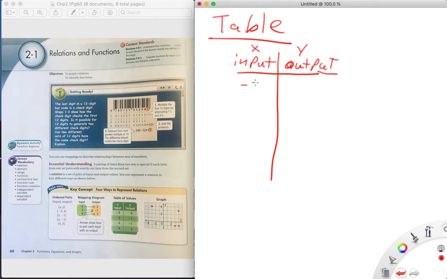And then we put in our numbers: -3, 4, 3, -1, 4, -1, 4, and 3. Personally, this is the one that I use the most to show the relation. Quick and easy.